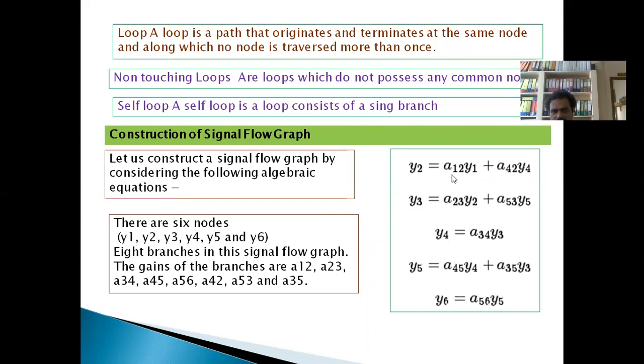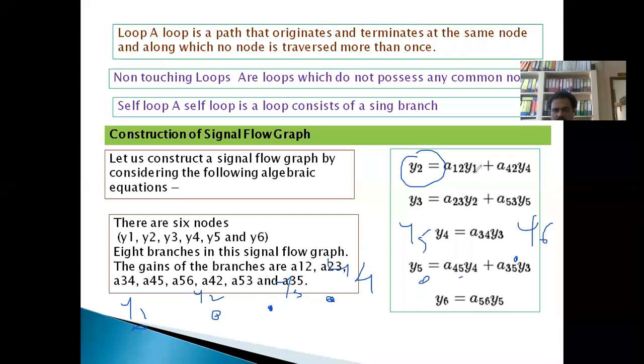Now if we observe the first equation, there are total 6 variables, y1, y2, y3, y4, y5, and y6. The output is y2, with A12 into y1.